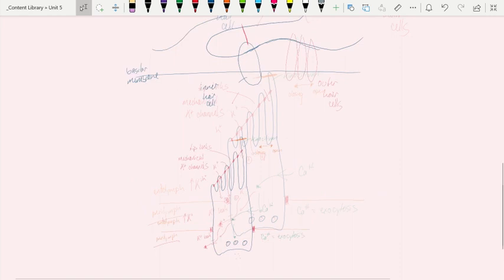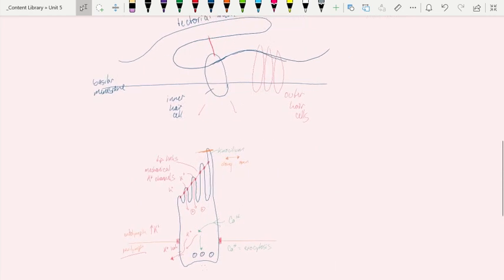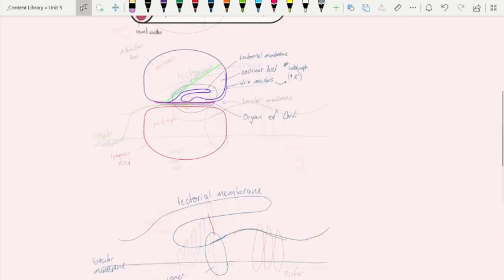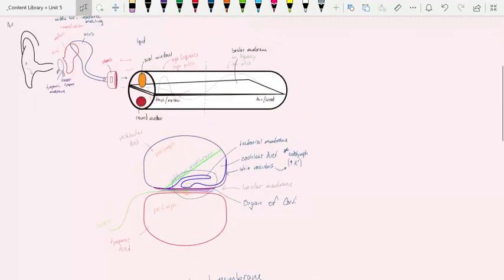So in summary, if we were to look at how we transform an external stimulus, in this case a pressure wave, into sound, we come back up here. That sound comes down the ear canal and starts to vibrate the tympanic membrane.